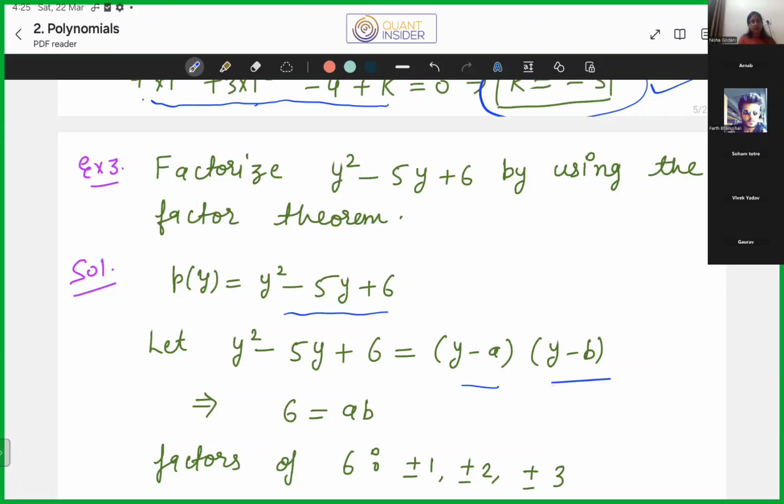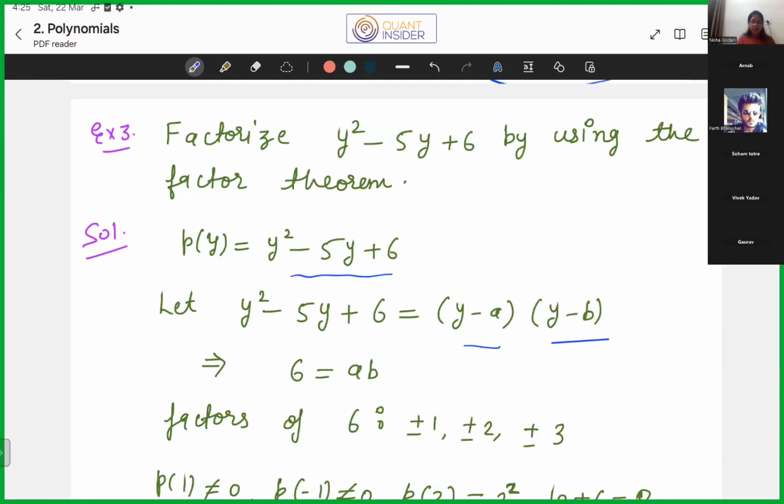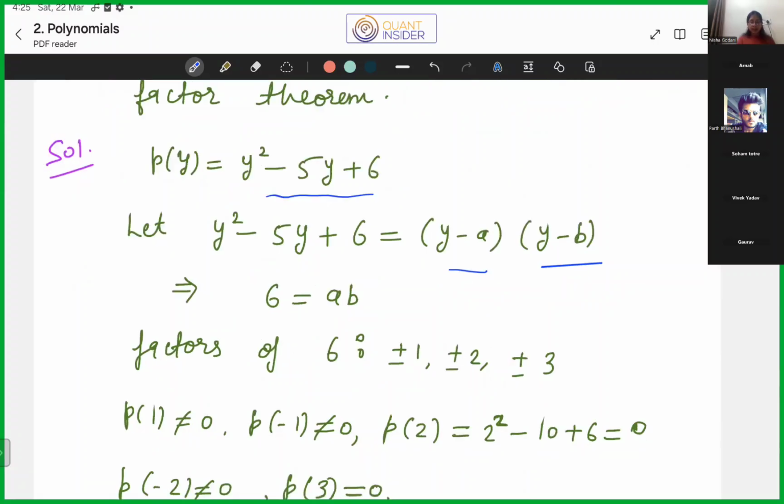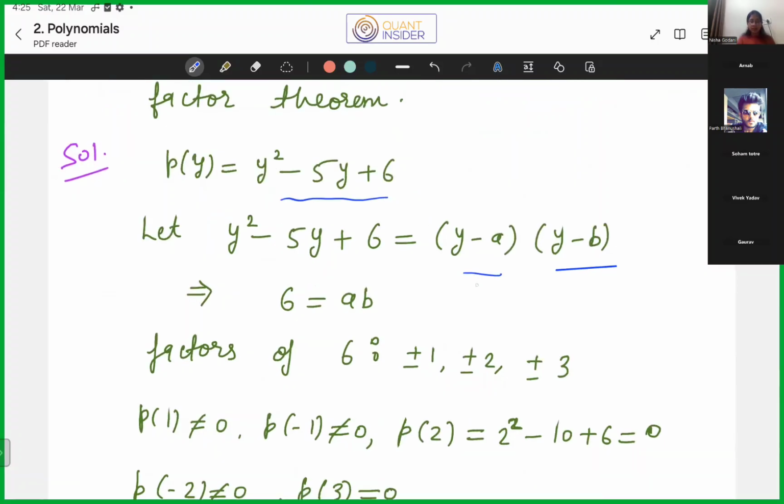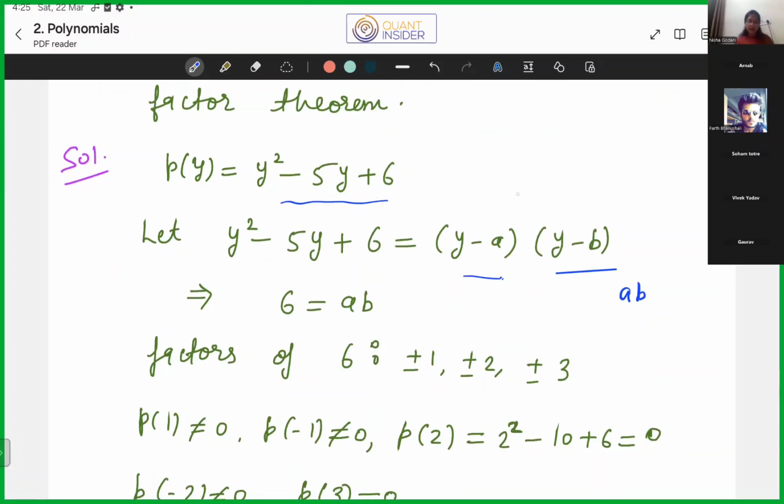Now the question is what is a and what is b? Okay, and it is also clear that when you multiply y minus a and y minus b, you get y square minus ay minus by plus ab.